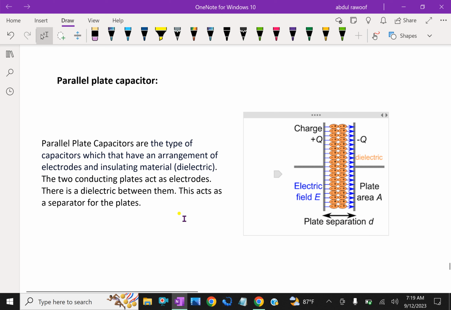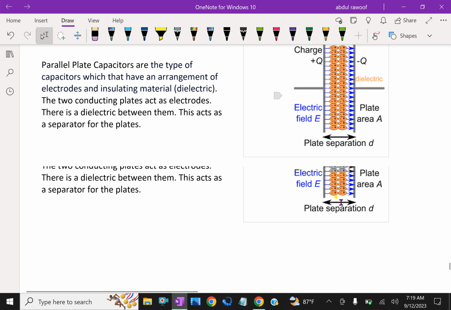Now, a parallel plate capacitor consists of two plates assembled parallelly, with area A meter square, separated by the thickness D with a medium of relative permittivity epsilon R. If a charge positive Q coulomb is given to the first plate, then the flux passing through the medium is Q coulombs.